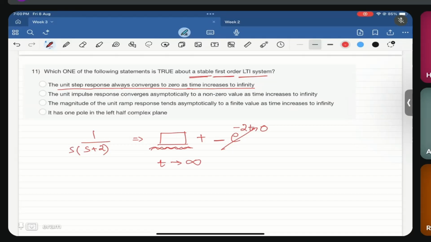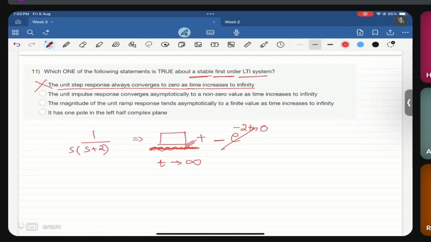So we have found one counter example where time is going to infinity but the response is not 0, it is converging to some value which is not necessarily 0. So this option is not correct. It can converge to some value which is not 0. It is possible.